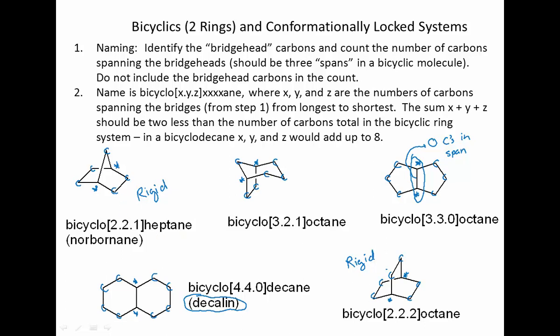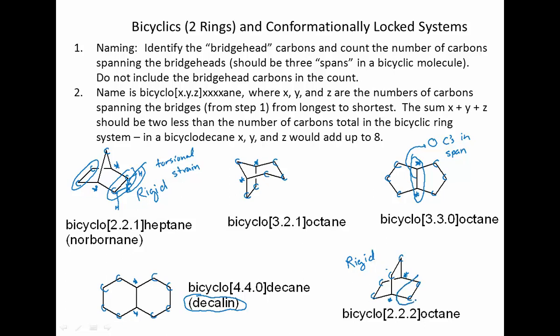They also, even though they're rigid, have a lot of torsional strain. So in this compound, bicyclo-2,2,1-heptane or norbornane, we see that two of the carbons are actually perfectly eclipsed, and they can't get out of that. The ring is quite rigid.